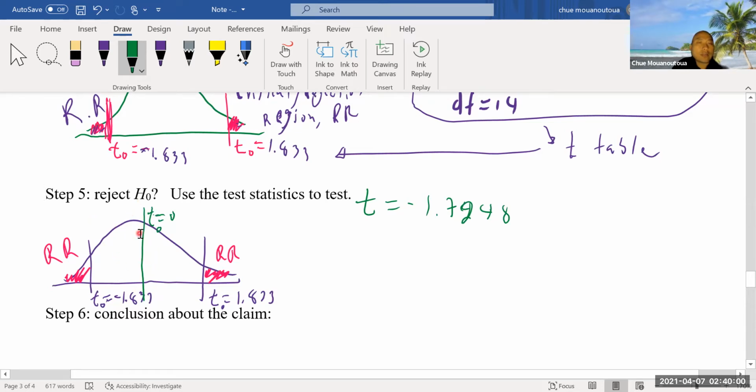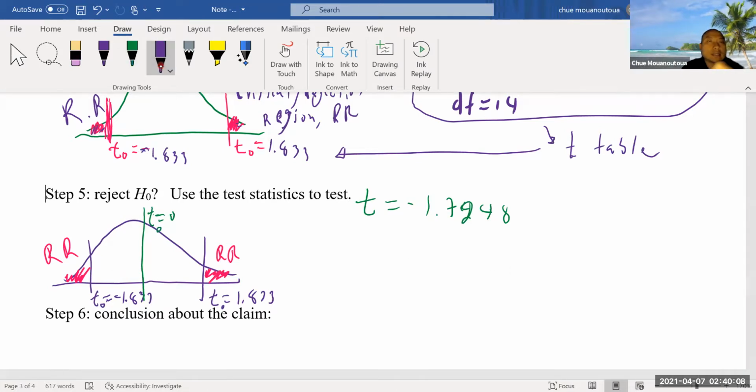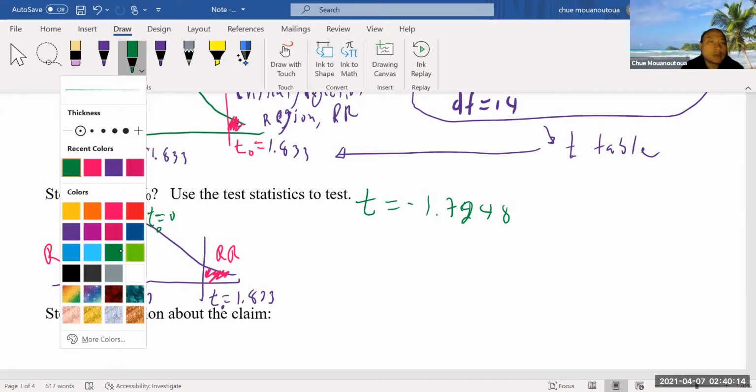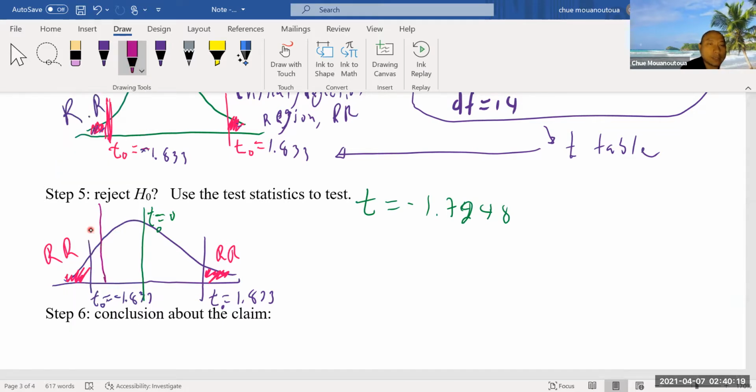If I go left, I go negative 0, negative 1, negative 2. The test statistic will go right there, very close. That is our t value of negative 1.724.